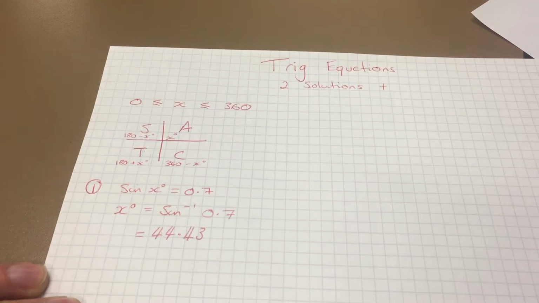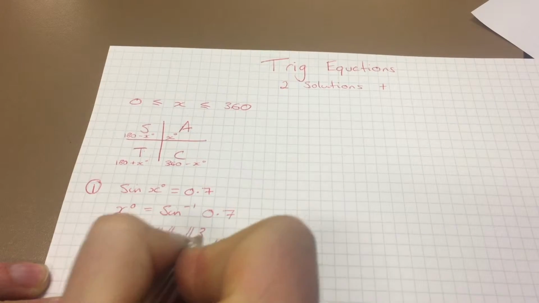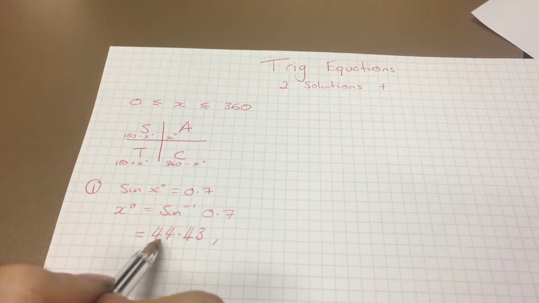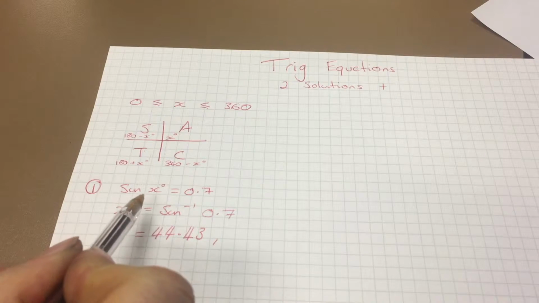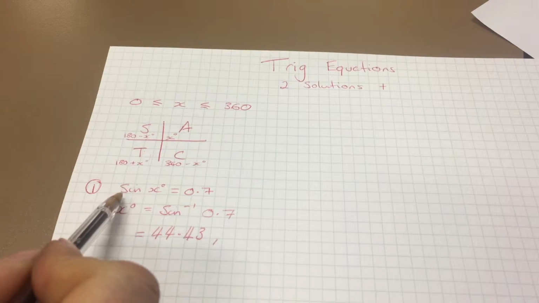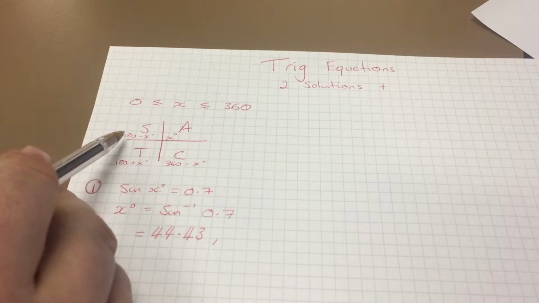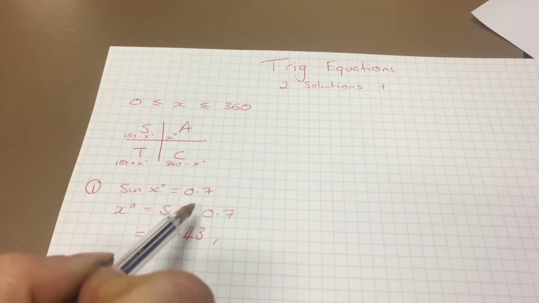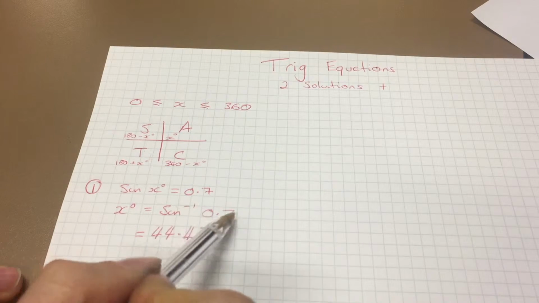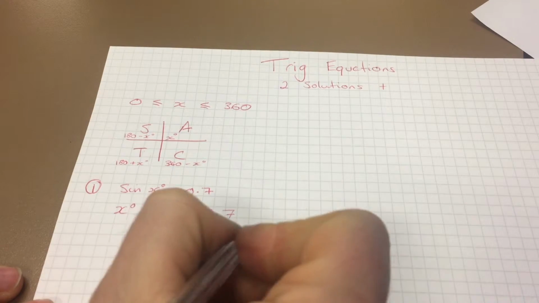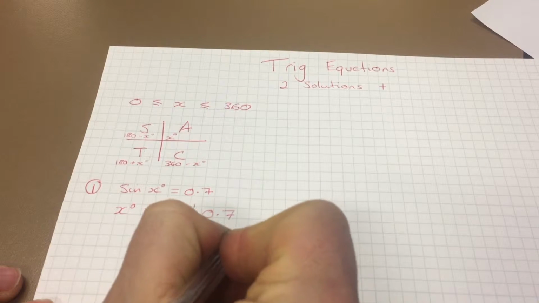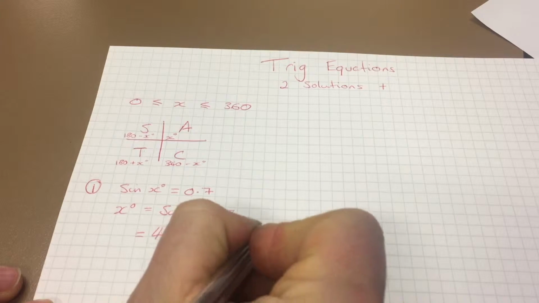And then we have to work out what the second solution is going to be. Because this is a CAST diagram, we use the CAST diagram to find out which rule we're going to be using. Because it's a sine function, we're going to be looking in the S quadrant, and we're dealing with a positive term. So it's going to be 180 minus our answer here.